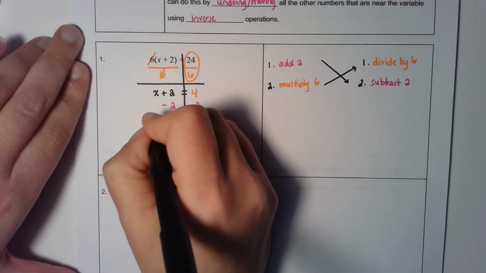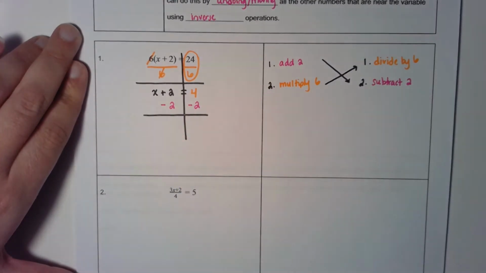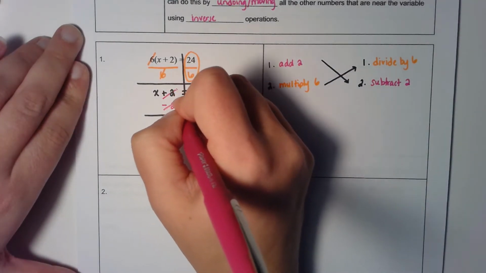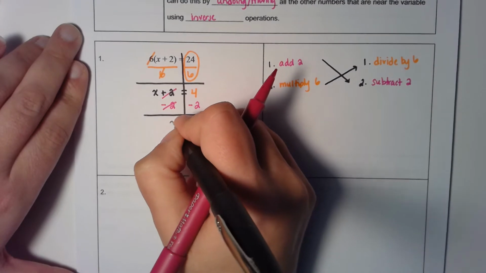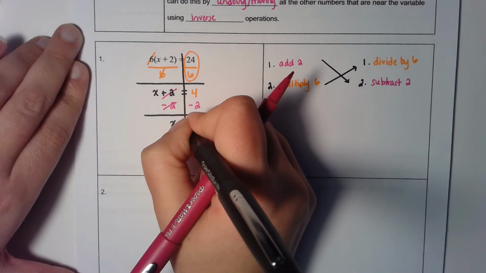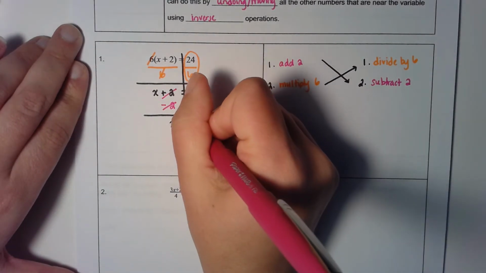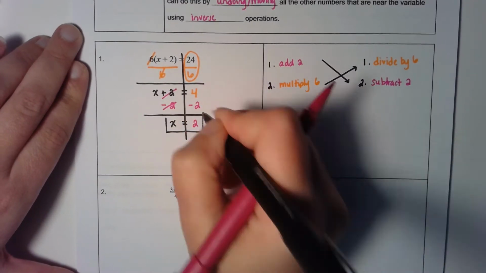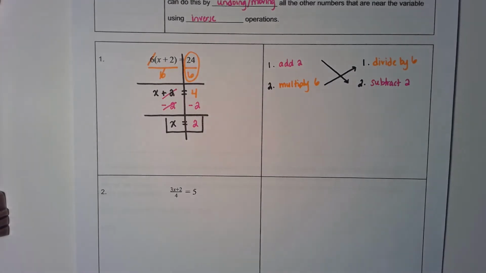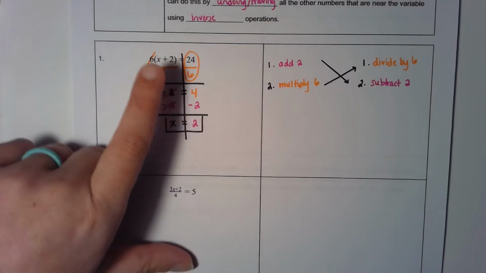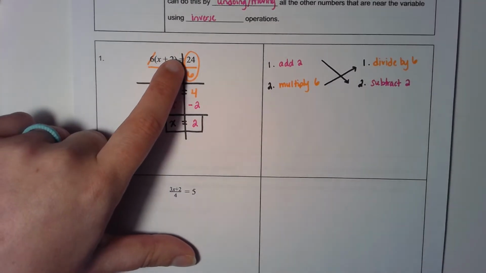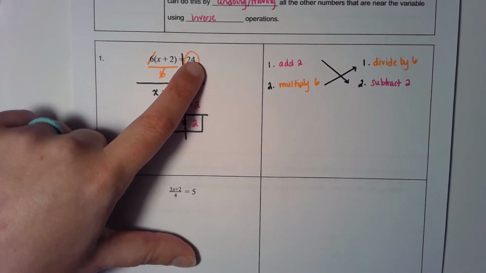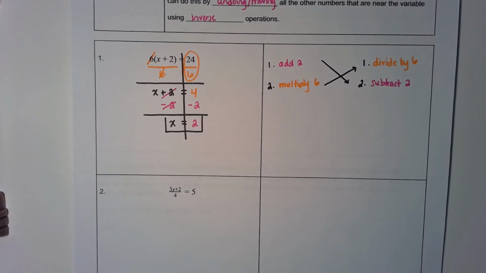And when I subtract 2, the 2's on the left cancel, and all that's left is x. And on the right side, 4 minus 2 would just be 2. And that's my answer. Now, I can always check my answer by plugging it in. So if I take the number 2 and I go back to the beginning, 2 plus 2 is 4, times 6 is 24. So I know that I was right.